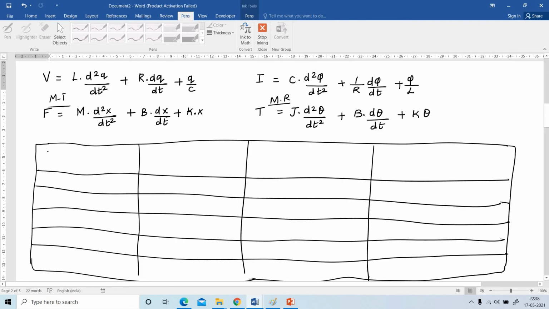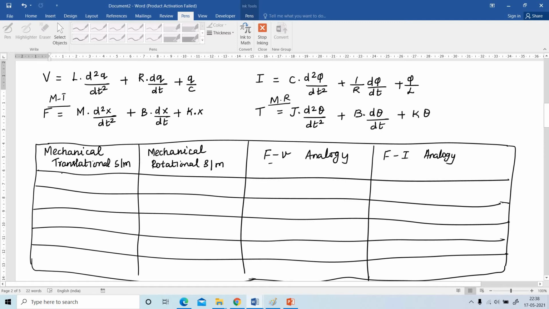In the first column write mechanical translational system, in the second column write mechanical rotational system, in the third column write force voltage analogy, and next, force current analogy.